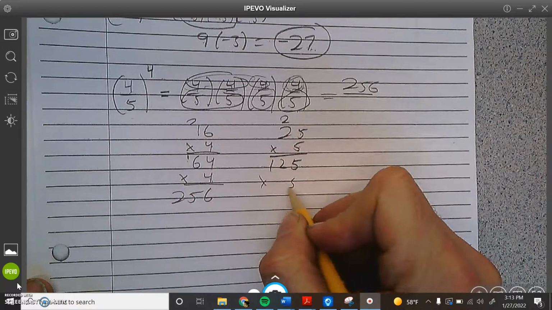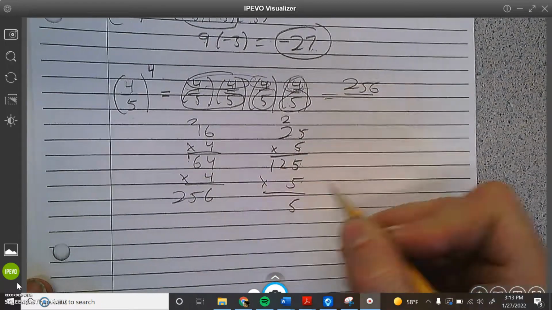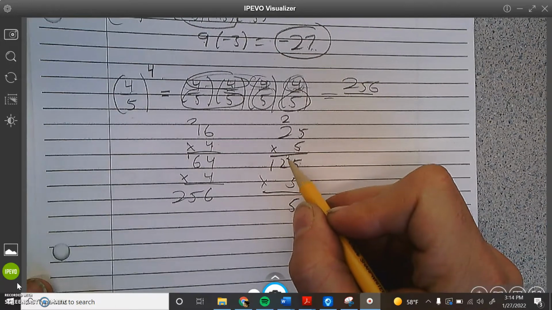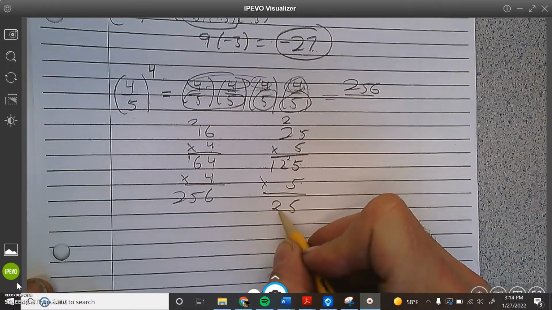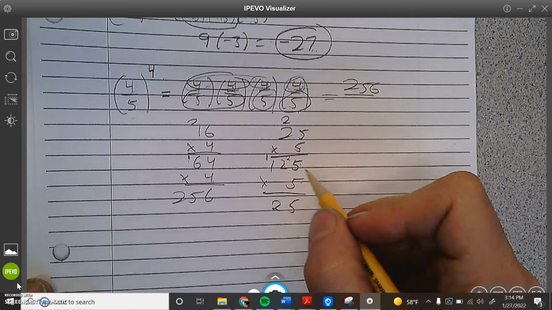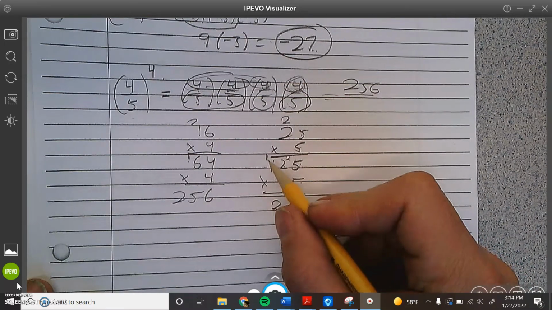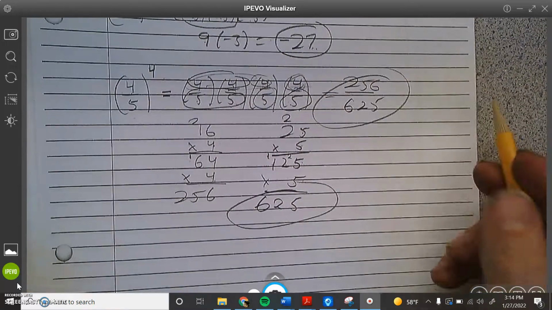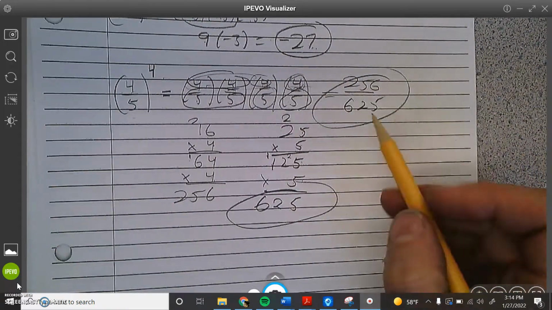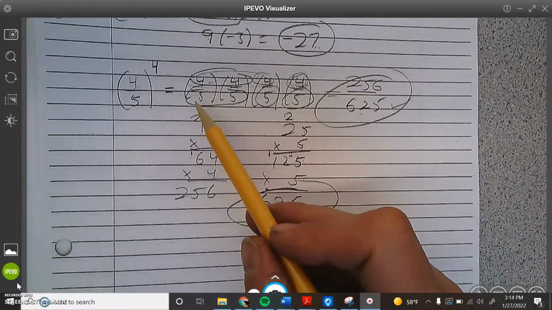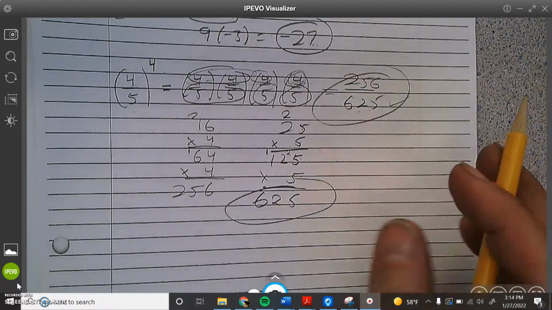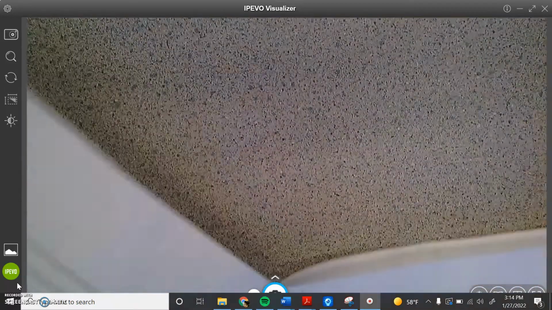Plus this, 5 times 5 is 25. 5 times 2 is 10 plus 2 is 12. Bump the 1 to the hundreds place. 5 times 1 is 5, plus 1 is 6. 625. There we go. So 5 to the fourth is 625, and 4 to the fourth is 256, so the answer is 256 over 625. Great job. Nice work.